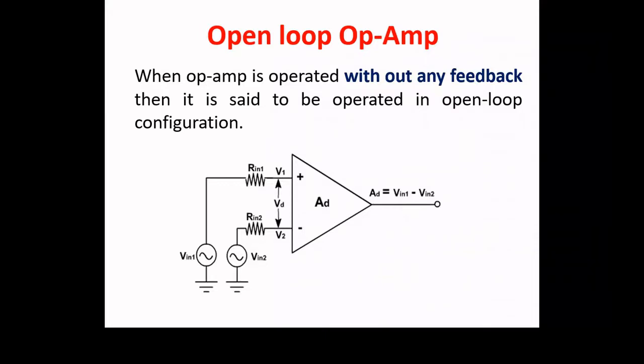Loop configuration. So what is meant by open loop configuration? Or when we say the device is connected or operating in the open loop. For any device, if there is any sort of feedback or connection from output to the input, then it is said to have feedback.